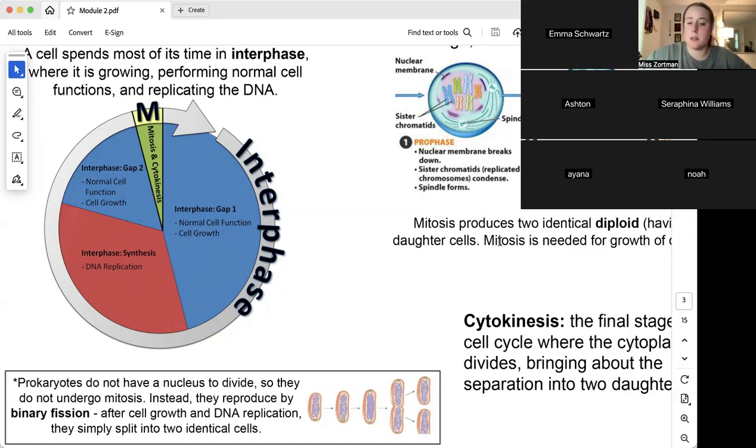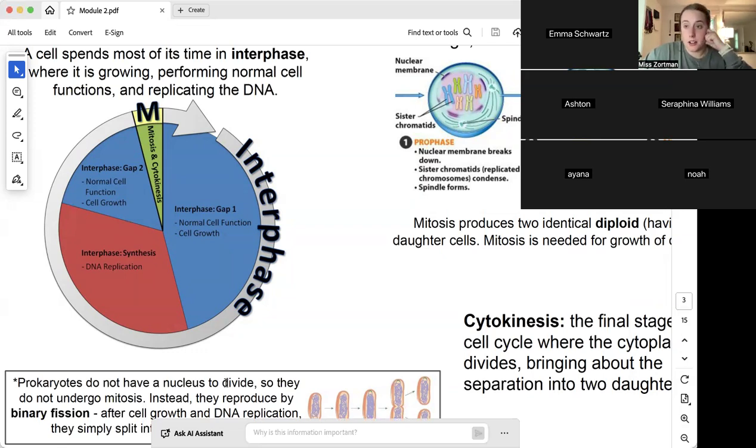They really just have ribosomes and the DNA. So obviously their DNA still gets copied, but there's no nucleus around it. So once it's copied, it can just separate. The cell elongates and it ends up splitting off.